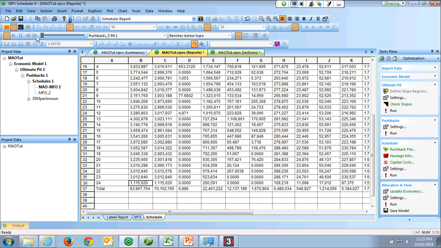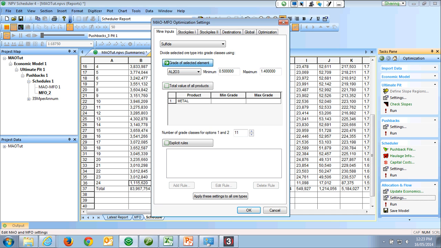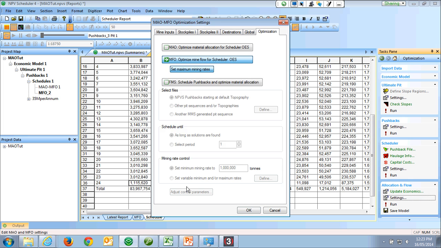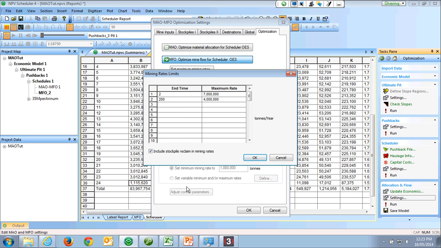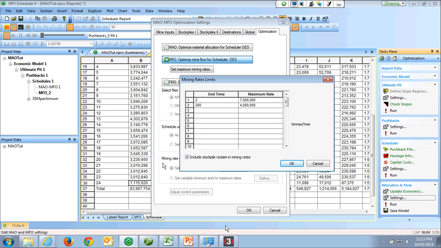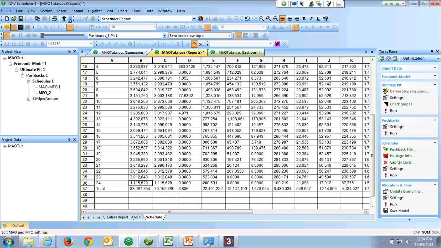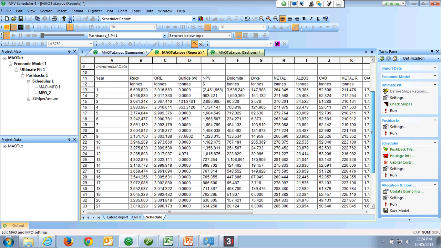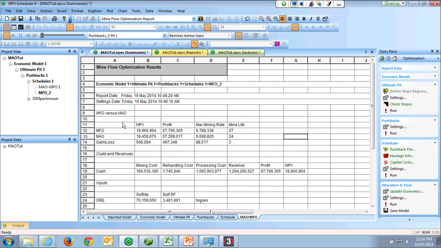I've got another case where I have set up the material flow optimization. So this is using the same settings as the MAO, but I have allowed my mining rates to change. The initial schedule had lower rates, but I've set a maximum mining rate of 7 million tons per year for the first 2 years and 4 million tons for every year thereafter. And for this simple case, I will go to my summary.